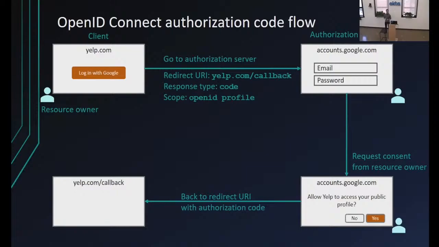And the ID token can be immediately consumed, or decoded, by the application to understand who the user is that just logged in. So we closed the gap for doing authentication, not just authorization. And then the access token that we get back as the client application can be used if we need more information about the user. We can call the user info endpoint to get even more info about the user using that access token.